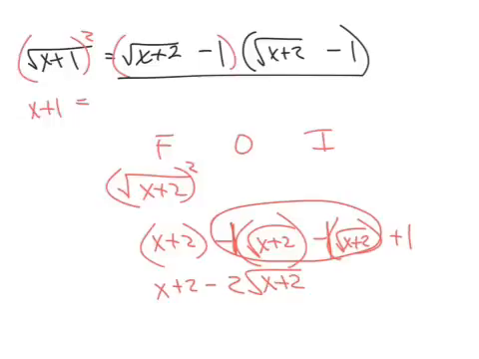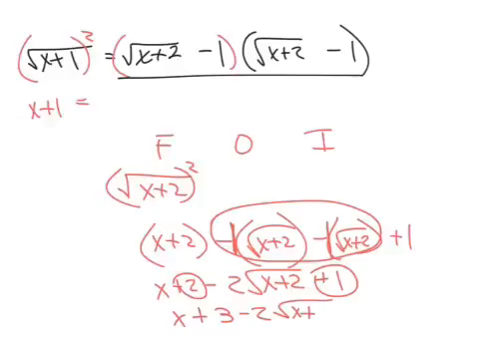So remember, when you're adding radicals, you add the numbers in front of the radicals, and everything in the radical just stays the same. We don't do anything with it. So we just added the 1 and the 1 and got our 2. Then it's plus 1. Then I can combine that with that and get x plus 3 minus 2 square root of x plus 2.